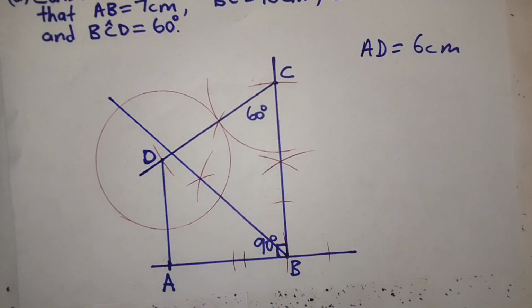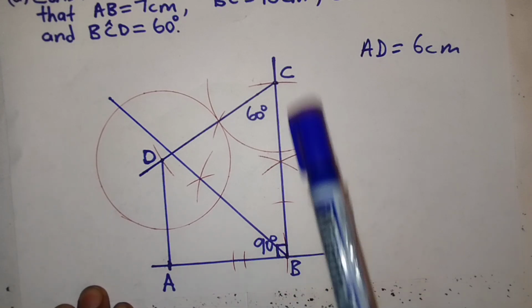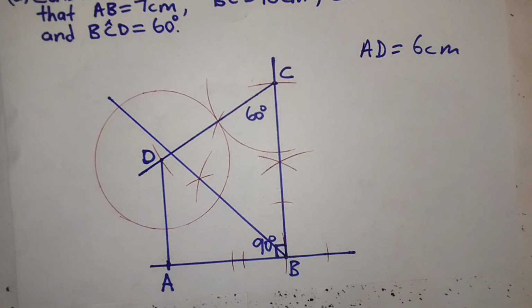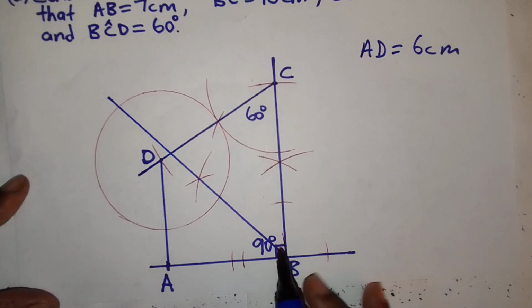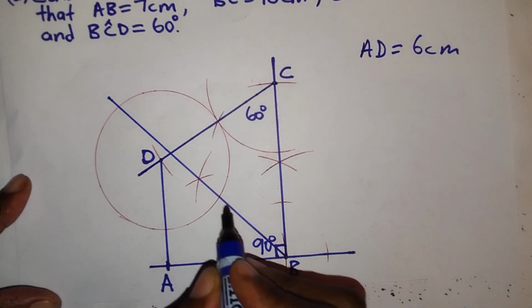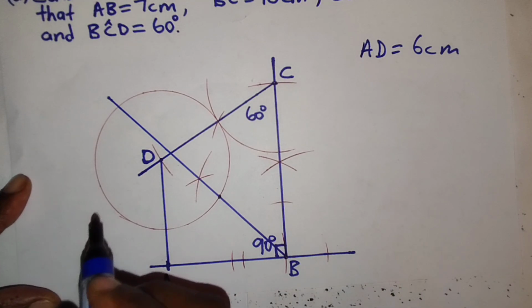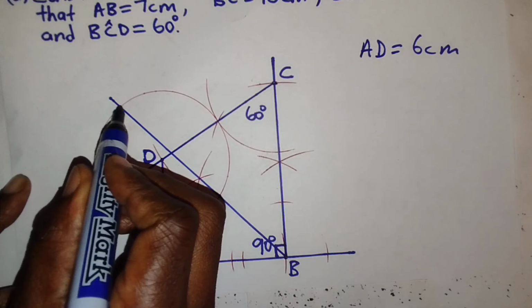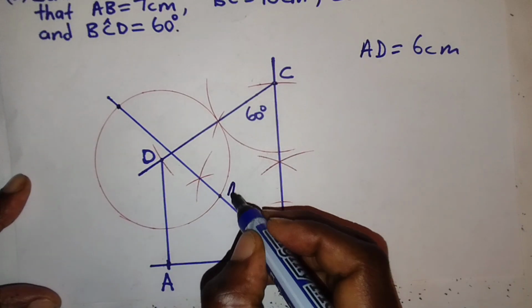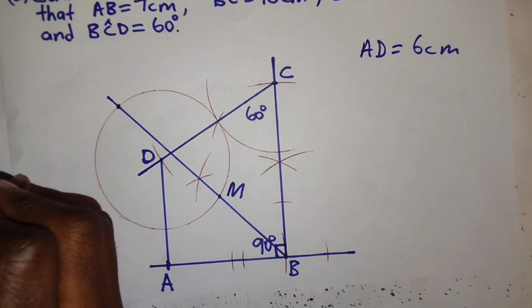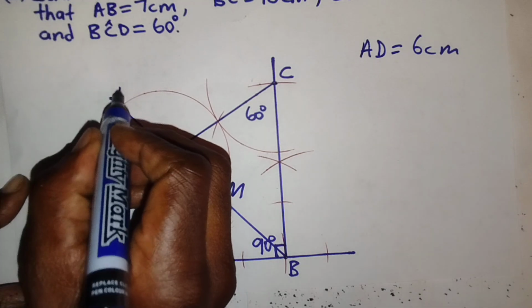I will name them M and N, such that they are 4 centimeters from D and equidistant from AB and BC. So the points M and N are right here, where this line meets the circle here and here. So this is M and this is N.